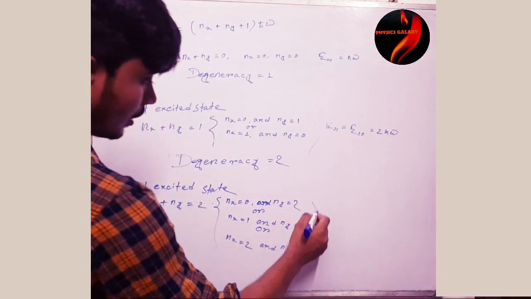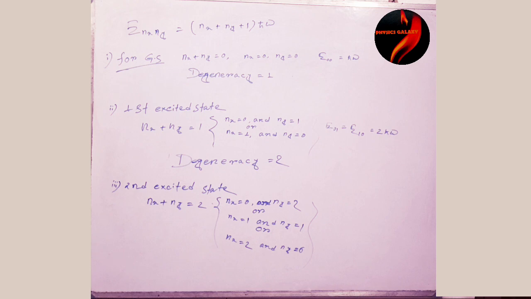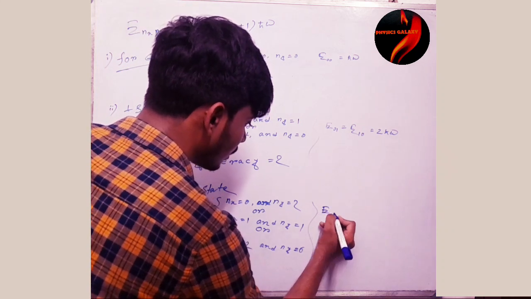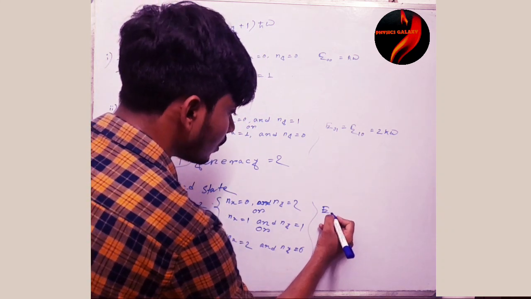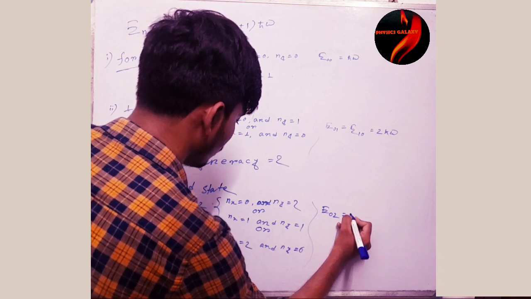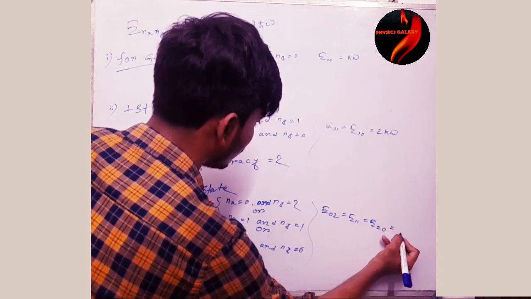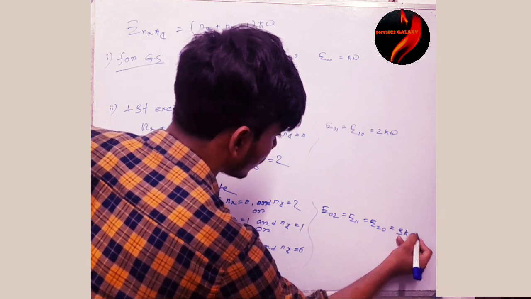So basically we get three combinations of nx and ny. So the degeneracy of the second excited state should be 3, and here we get the energy E02 equals E11 equals E20 equals 3 h cut omega.